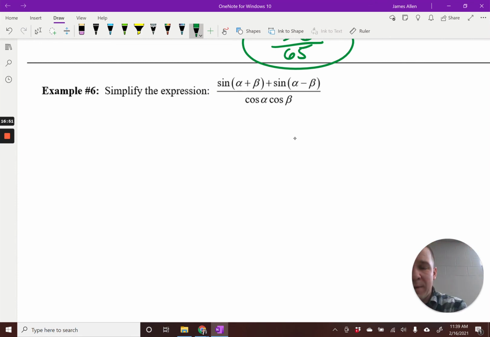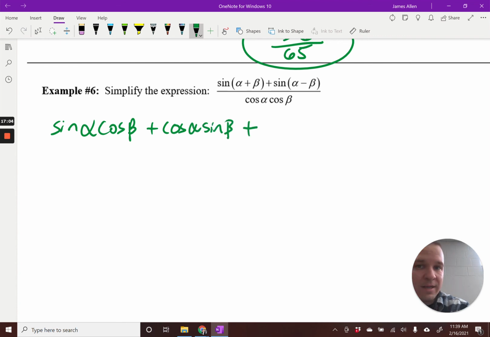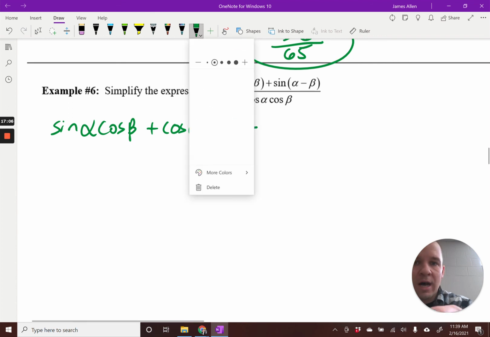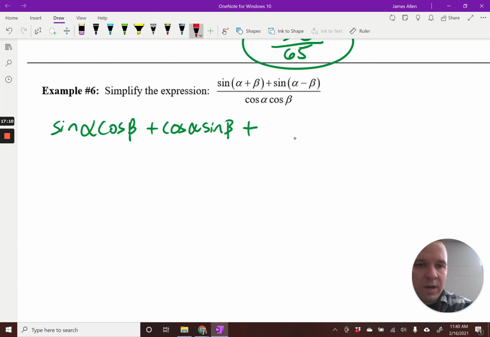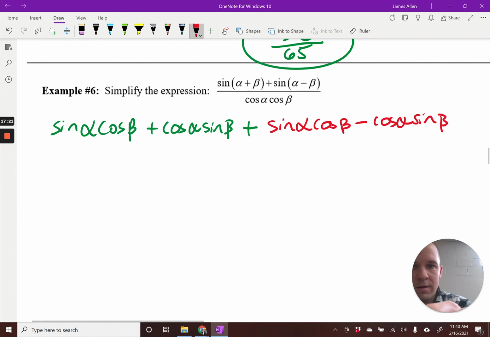Okay, so for my first expansion here, I'm going to have sine of alpha cosine of beta plus cosine of alpha sine of beta plus, now my second expansion, and maybe I'll change colors for that so we can see the difference. We'd have sine of alpha cosine of beta minus cosine of alpha sine of beta.